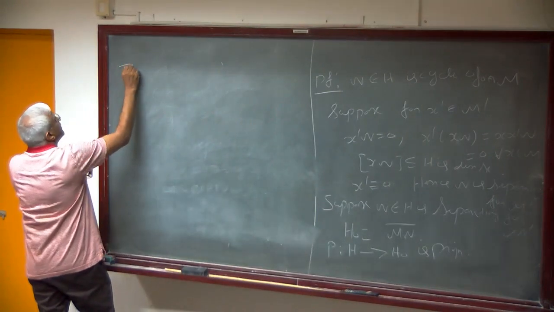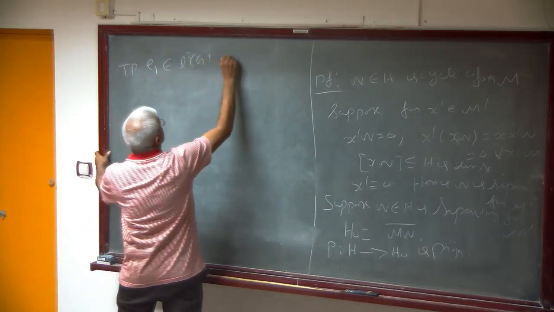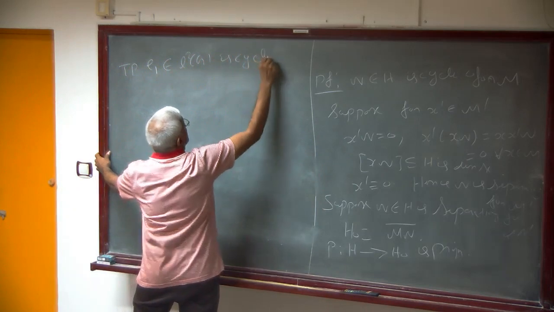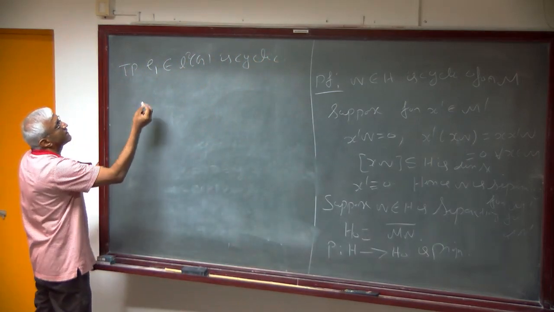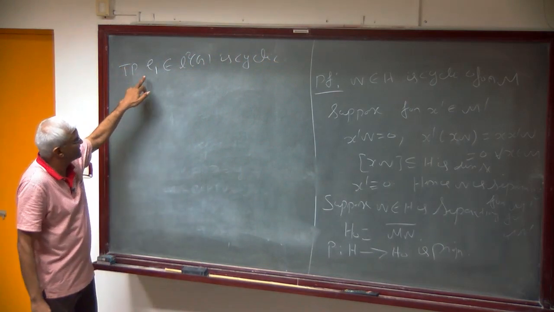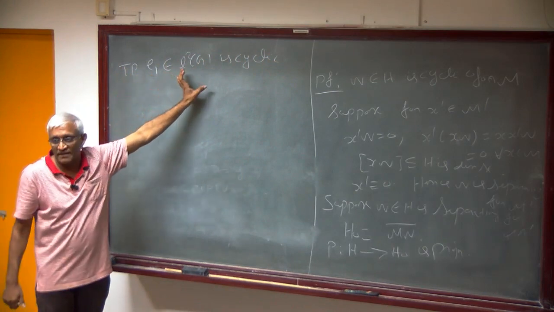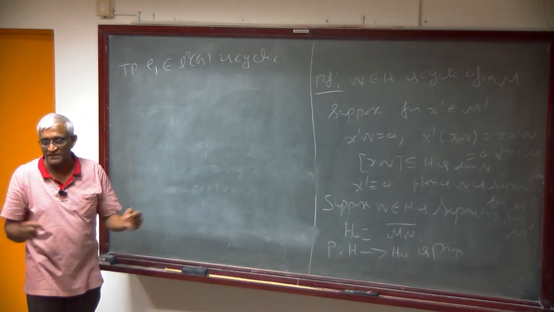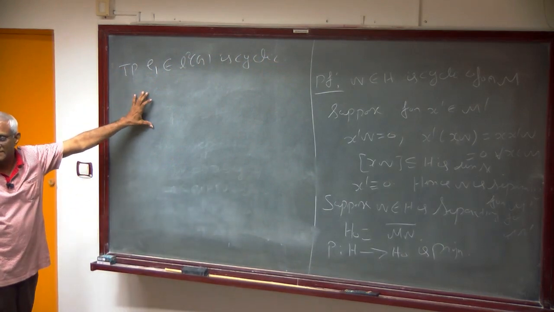So now, to prove e1, which is in L2G, is cyclic, you only have to prove that by applying gamma G, the matrices on e1, you get all finite vectors, I mean, vectors with finite coordinates. That you get by applying finite matrices.